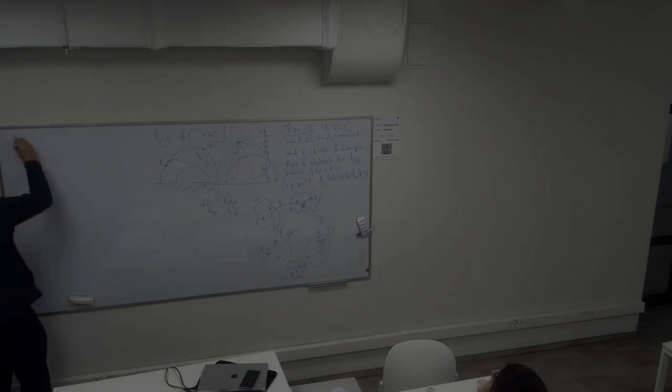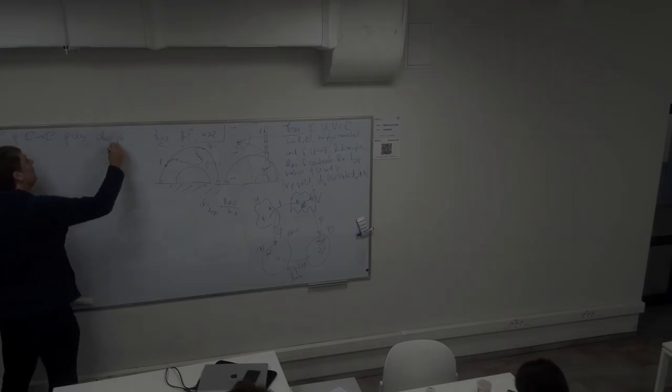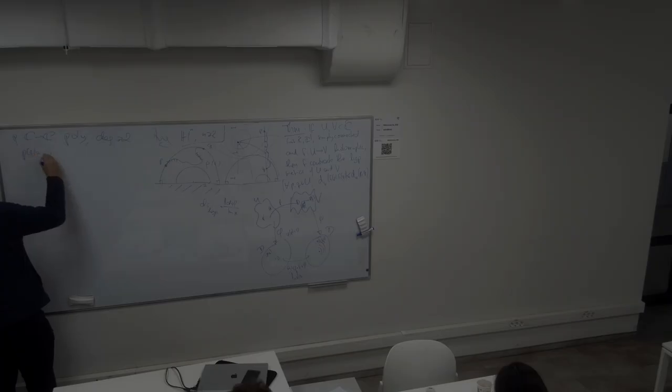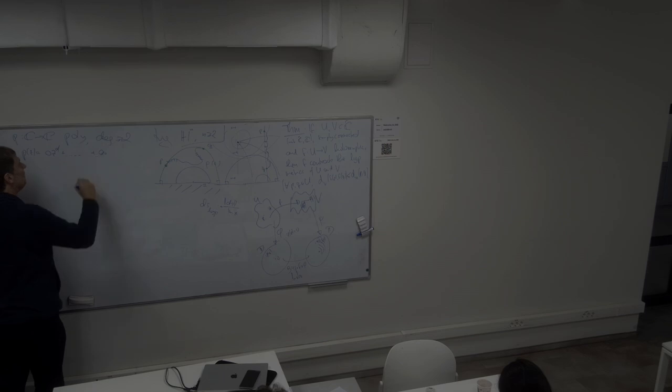So now let's say f from C to C is a polynomial, always of degree at least 2, otherwise it's boring. Then P of z equals a z to the d plus something like this.